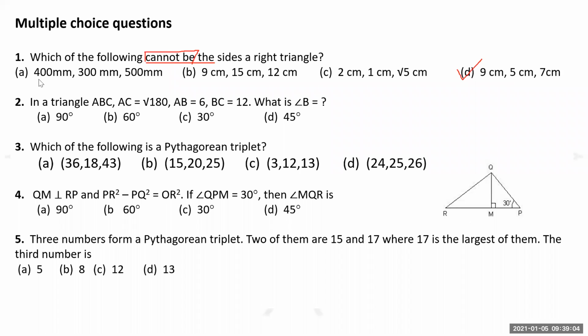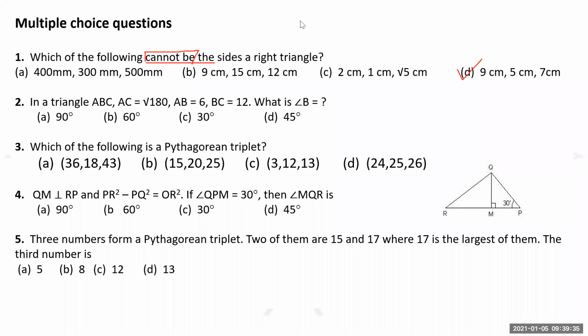Now next question. In triangle ABC, AC equals root 180, AB equals 6, BC equals 12. So what is angle B? Sir, can I? Yes, beta, sure. Sir, angle B equals 90 degrees. Can you tell the reason so that the students can understand? Yes, sir.